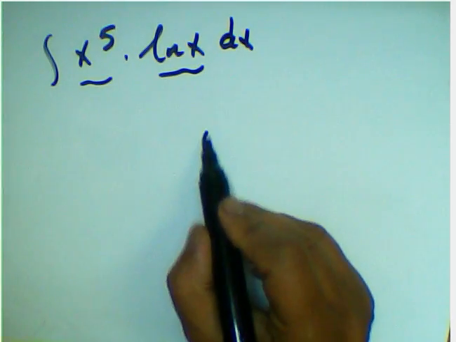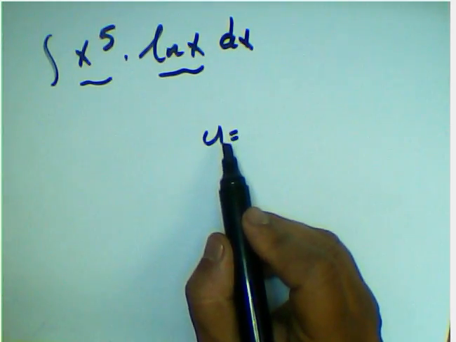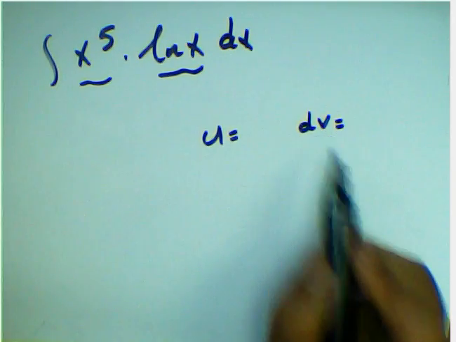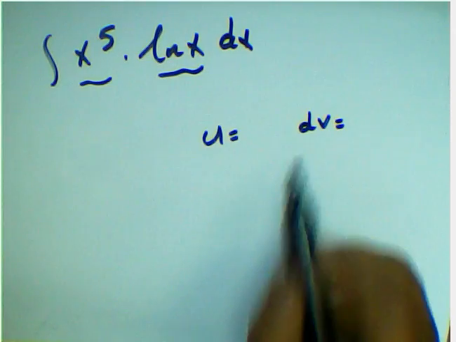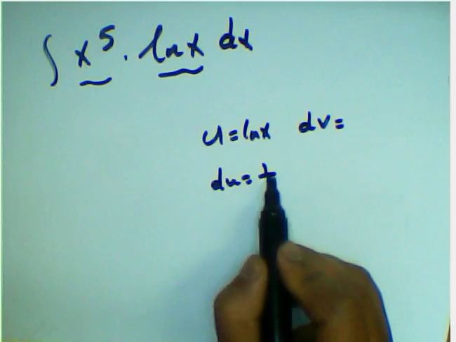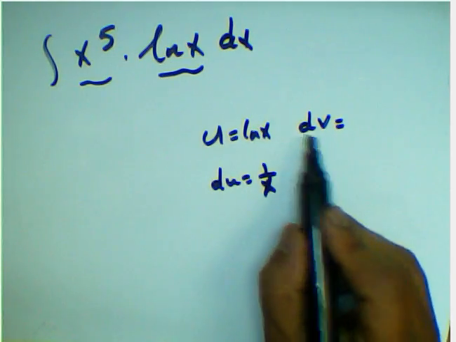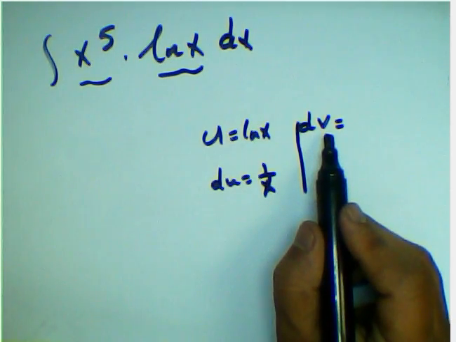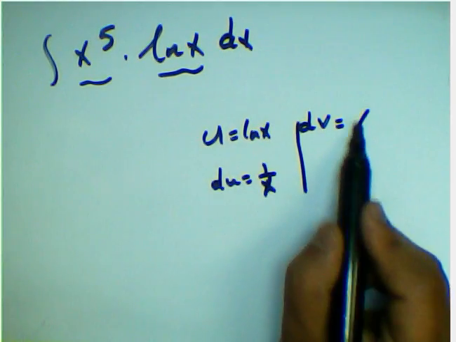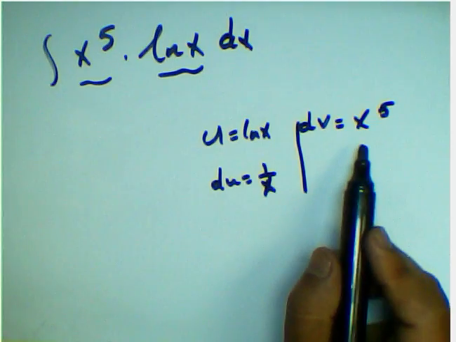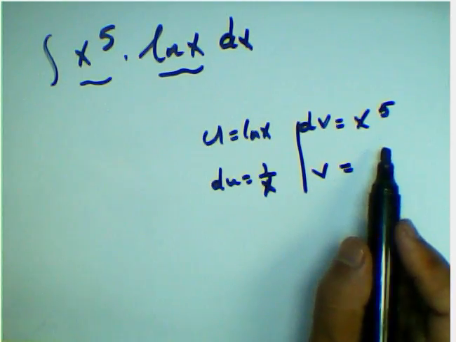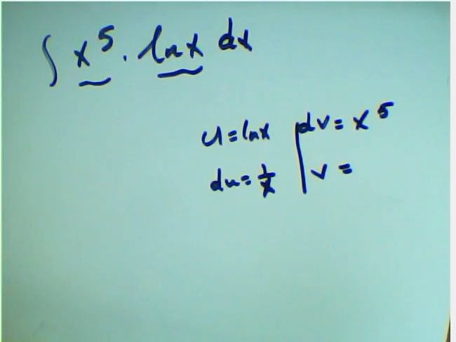You must choose a function to find its derivative and a function to find its integral. We know the derivative of ln of x is 1 over x. For x power 5, to integrate it we add 1 to the power and divide by the new power.